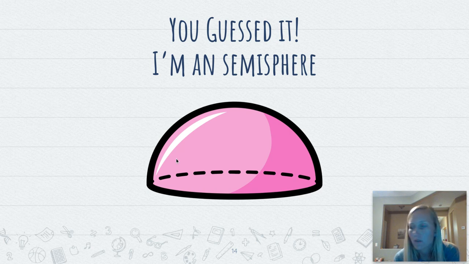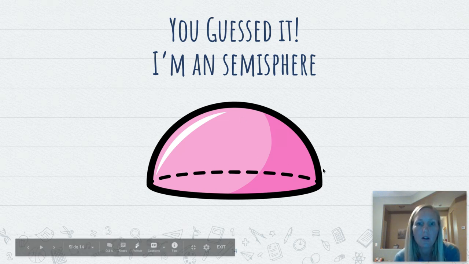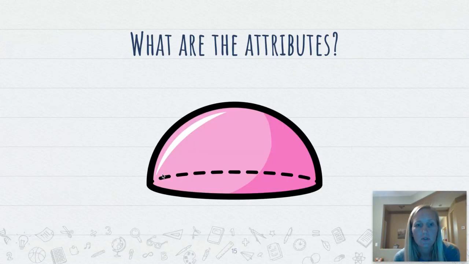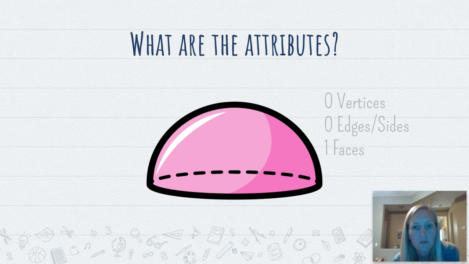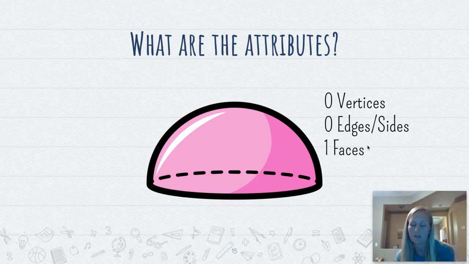Think of a bouncy ball, and you just slice it in half. Now let's look at those attributes. How many sides, how many vertices, how many faces are there? 0 vertices, 0 sides, and 1 face. Remember, pause the video if you need extra thinking time.